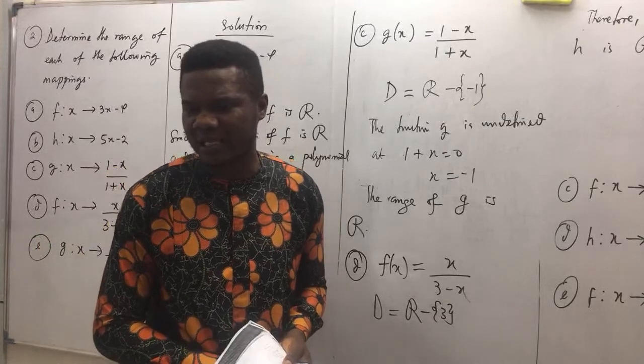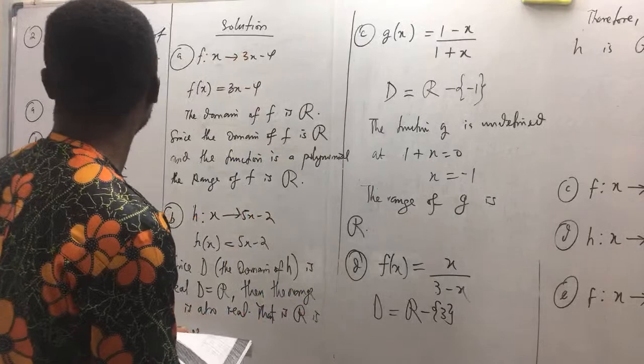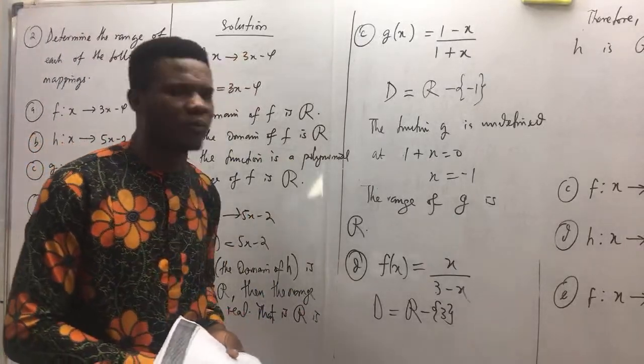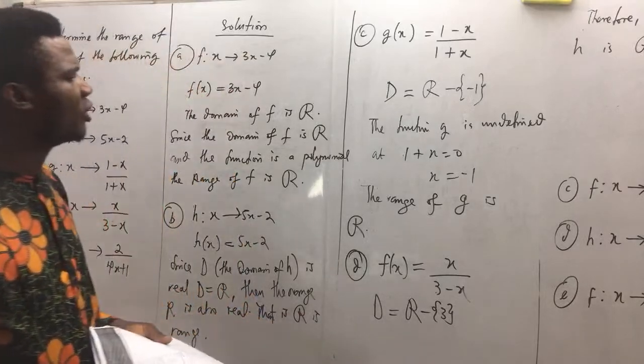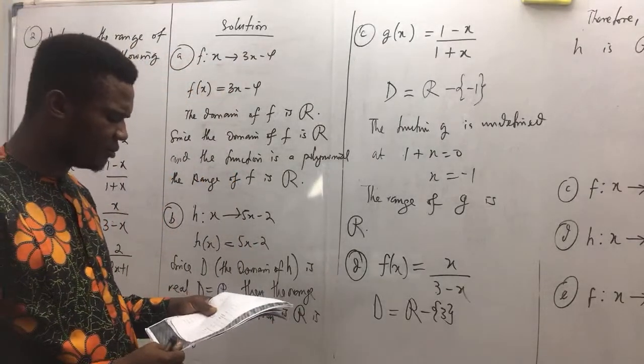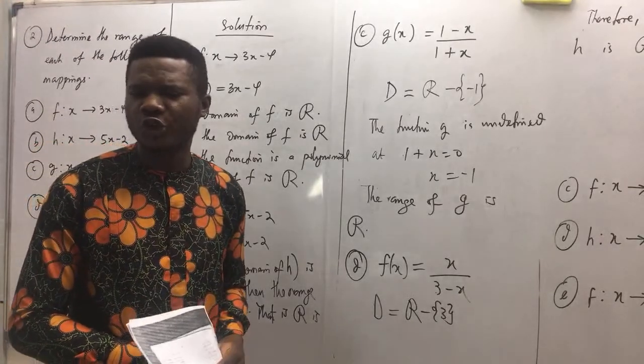I thought example A is a binomial expression. What example are you really referring to, Prosper? Example 1A or example 2A? 1A. Okay? 1A is a binomial function or binomial expression.